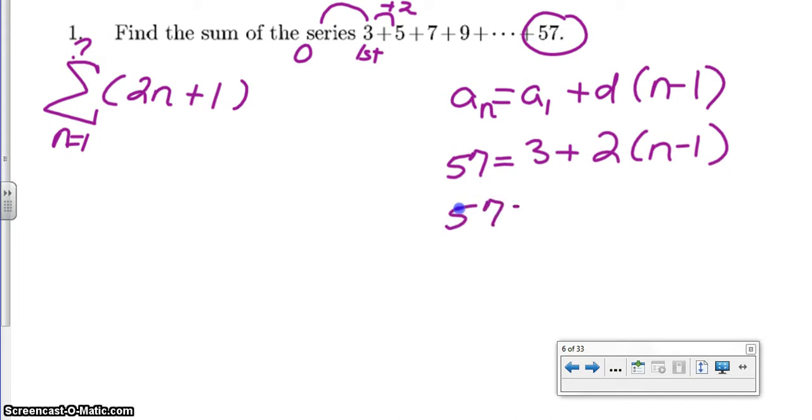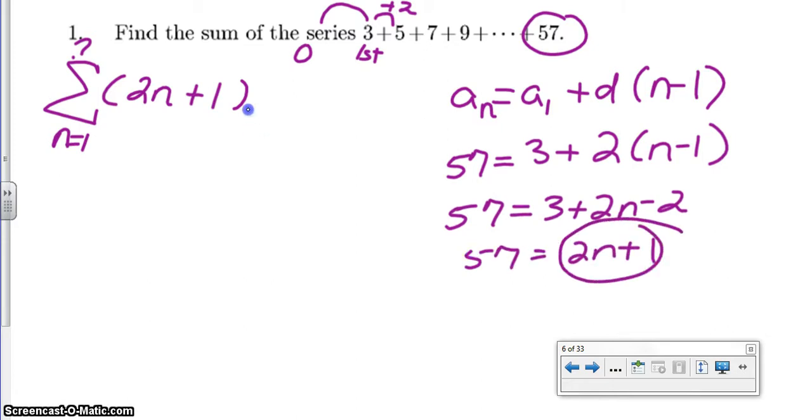And so this is 57 is equal to 3 plus 2n minus 2, which of course would give me 57 equals 2n plus 1. Hey, wait a minute. That's my related function right there. That's right. Go ahead and subtract 1. 56 is equal to 2n. So n is equal to 28.